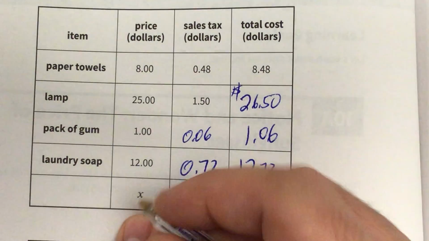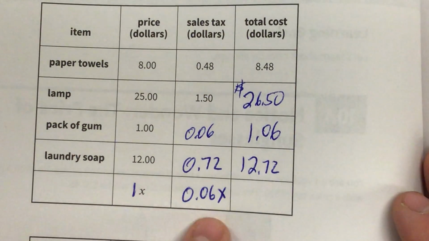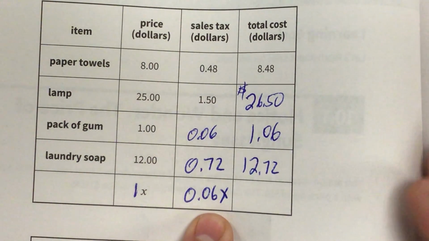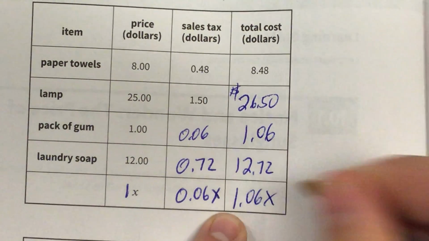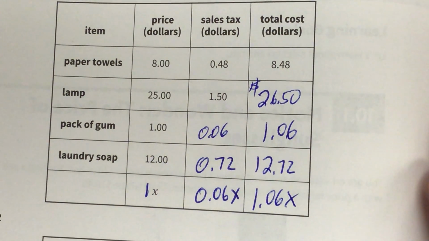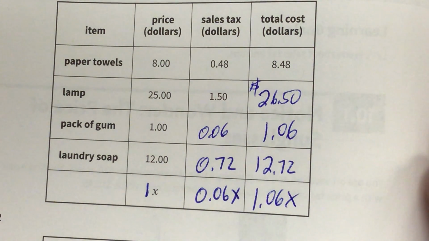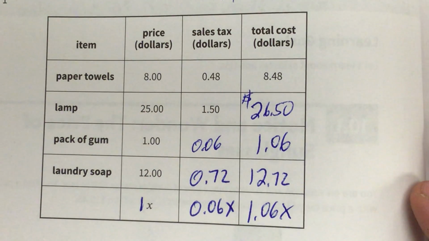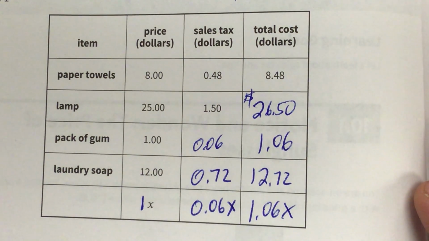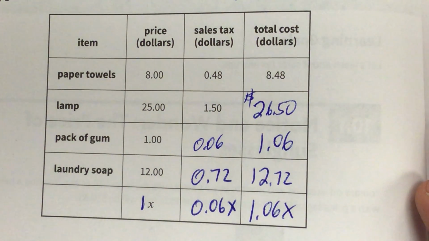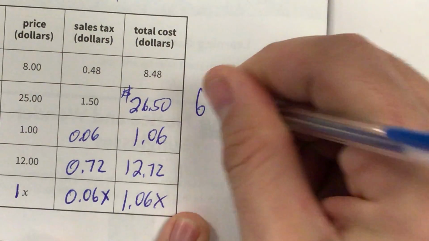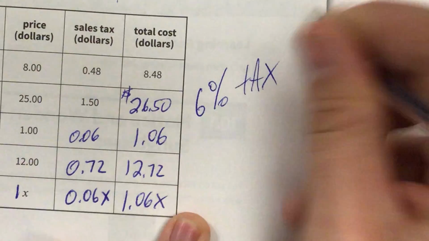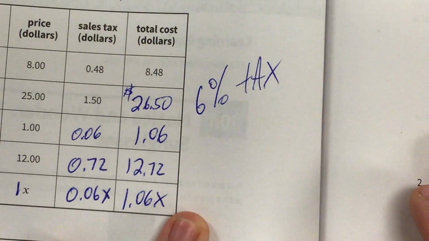So this is 1x. What's 1 plus 0.06? 1.06x. So by looking at that, could you tell me what the sales tax rate is? For every dollar, it's 6 cents. 6%. City 1 is 6% tax.